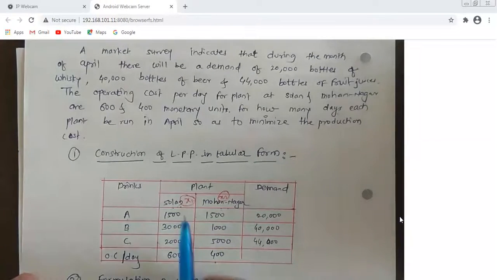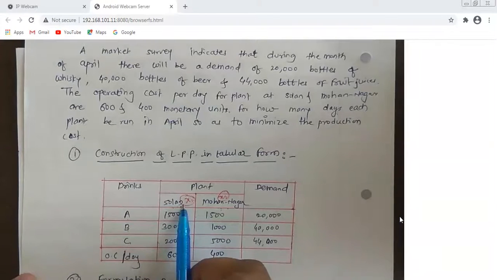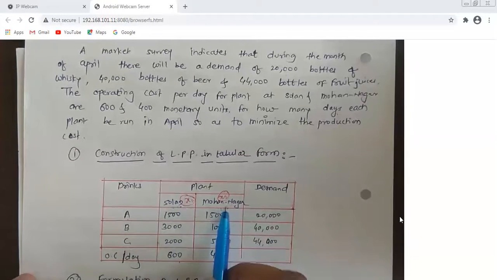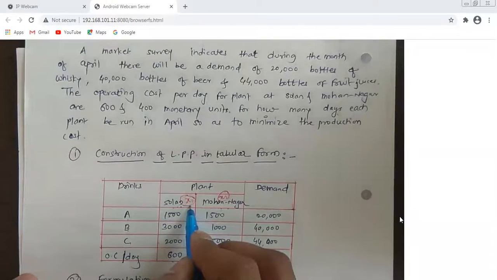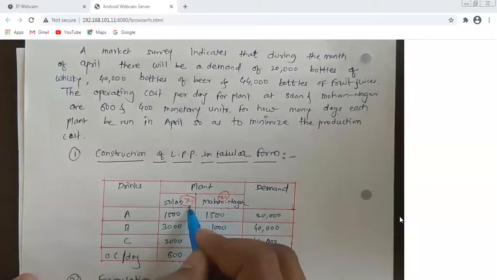So we have considered the Solan plant is working X1 days and the Mohan Nagar plant is working X2 days. So they have given operating cost for 1 day. And here we have decided that the Solan plant will run for X1 days. So what will be the operating cost for X1 days? That is nothing but 600 into X1.